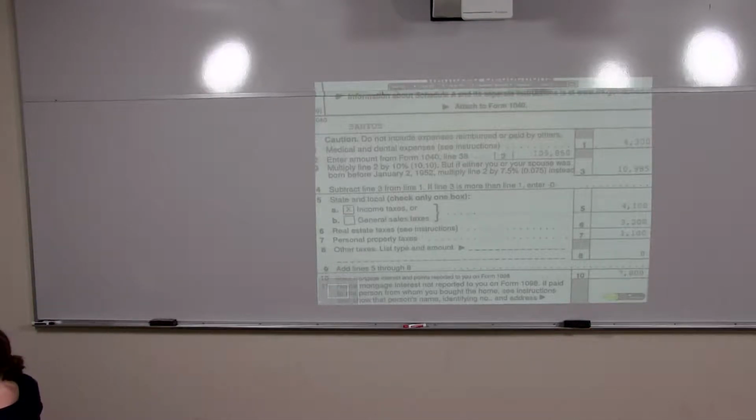State income taxes can be paid either through withholding in her paycheck, or through additional estimated payments that are made throughout the year. This is when she writes a check from her checking account and sends it to the IRS during the year because she knows what is withheld is not going to be enough money.